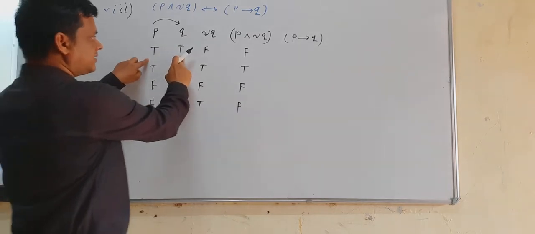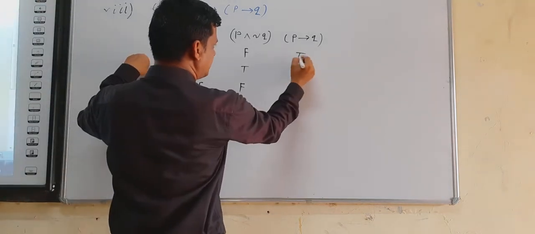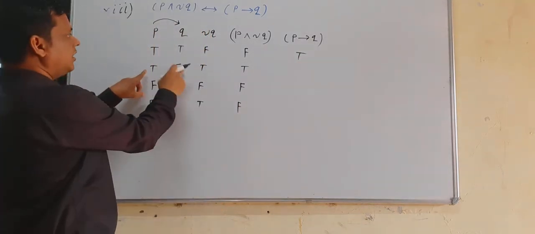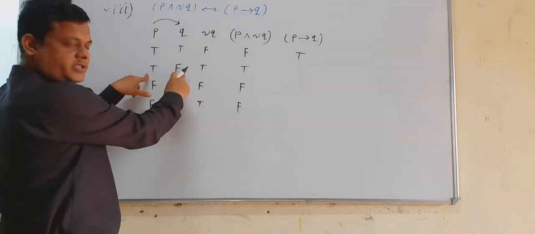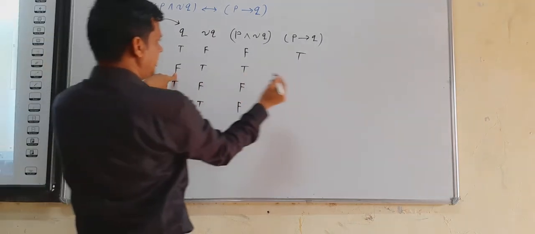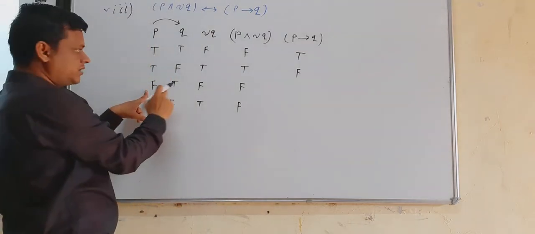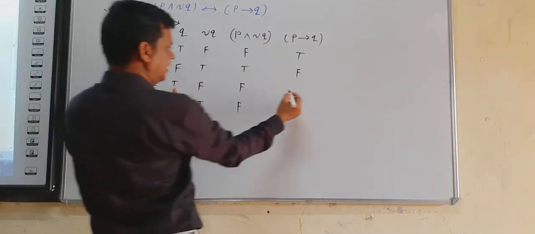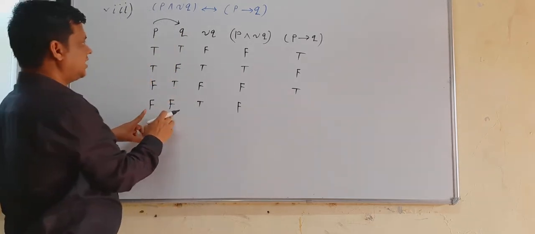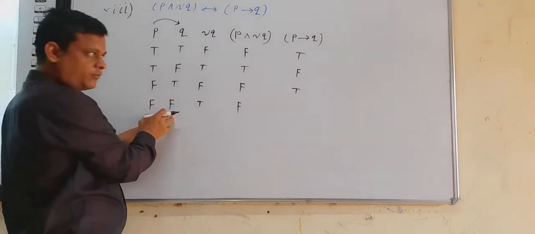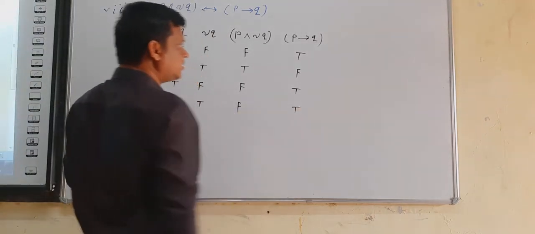Both statements have the same result, therefore its truth value is T. Both are not same, therefore the result of the second statement, which is false. Both are not same, therefore the result of the second statement, that is true. Both have the same truth value, therefore T.